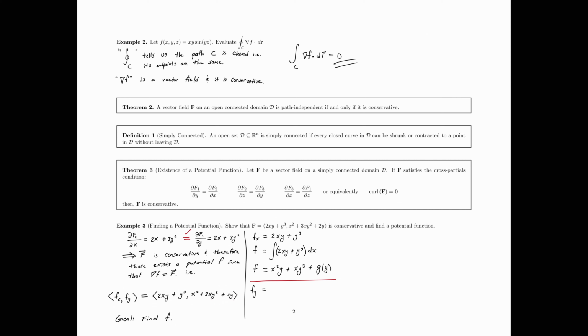And if you want to, we can write this a slightly different way, which might better capture the spirit of what we're trying to do. We're really saying we know that the y partial of this has to match and equal this. So this has to be x squared plus 3xy squared plus 2y. That has to happen.